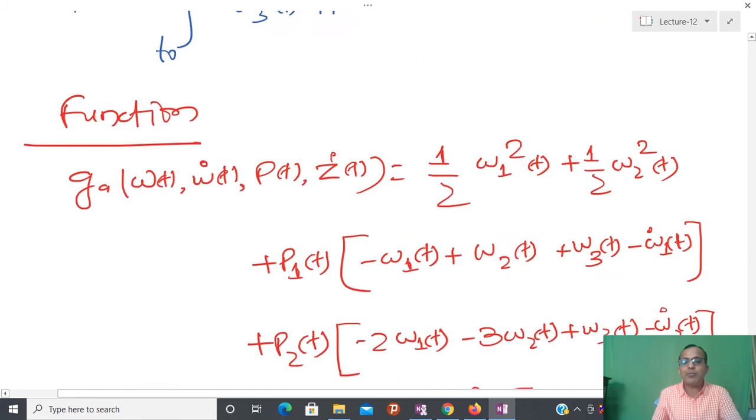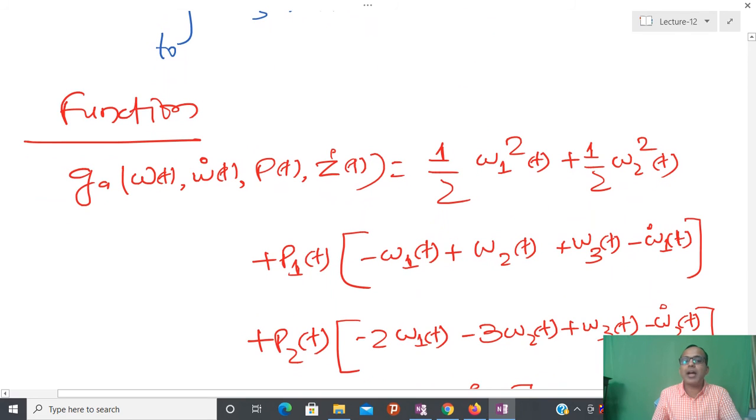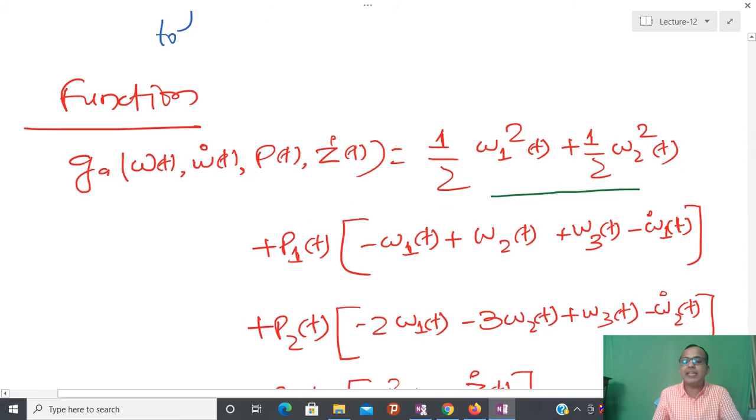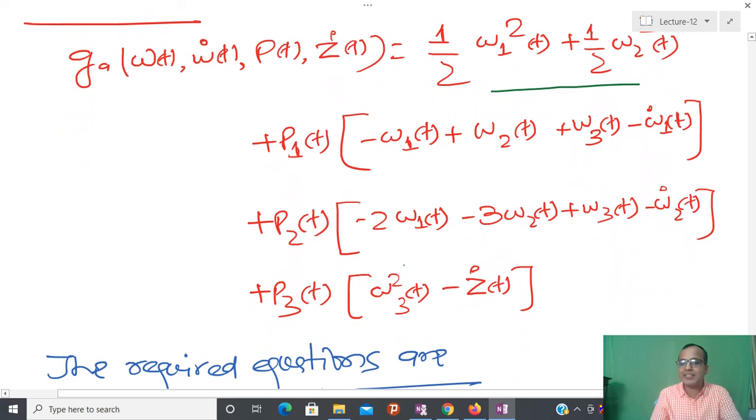Now I am going to define the augmented function. You can see that this particular part is coming from the functional. P1, P2 and P3 are the Lagrange multipliers, and this is from the differential constraint, this is from the differential constraint, and this is from the integral constraint.